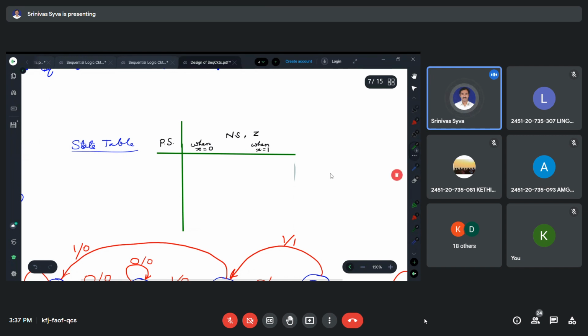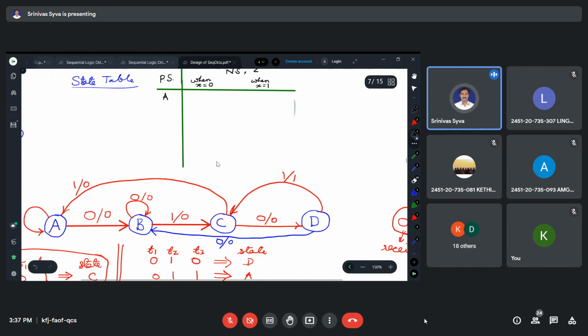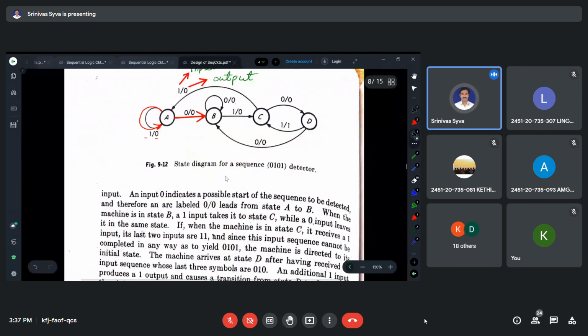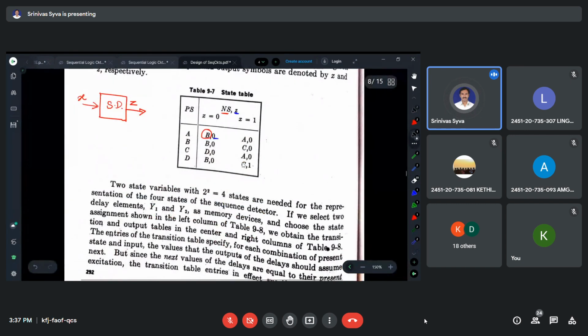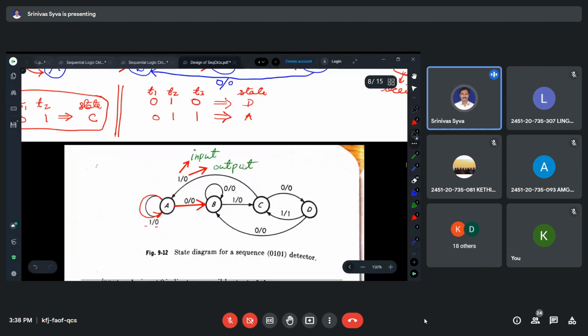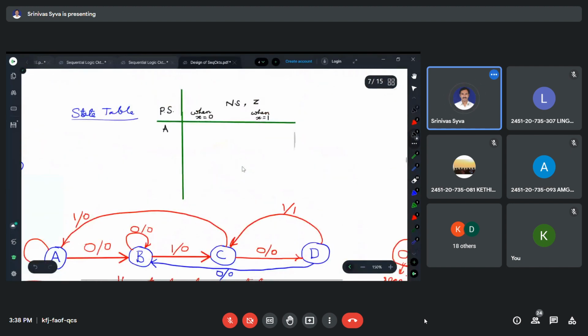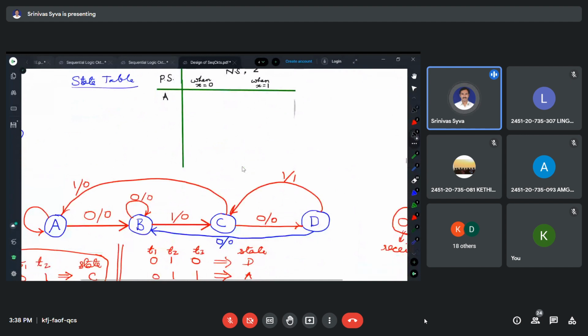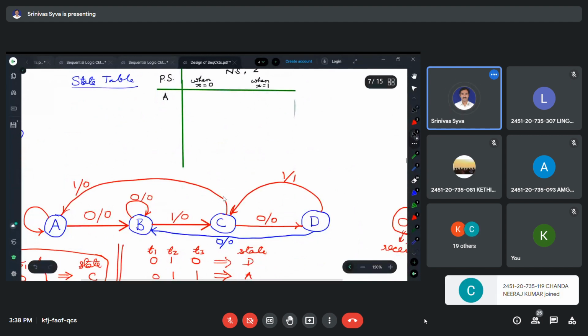Suppose our present state is A, we are in the state A. Now tell me, by seeing this state diagram, we will develop the state table. Let us derive it on our own. You have to derive it on your own, and I will help you derive this state table from the state diagram.